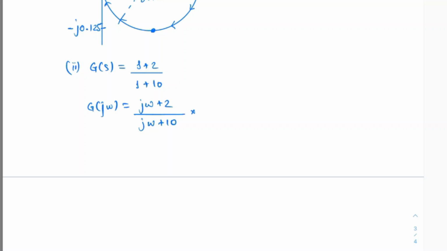So let's multiply this with 10 minus j omega divided by 10 minus j omega. So this would turn out to be this quantity.